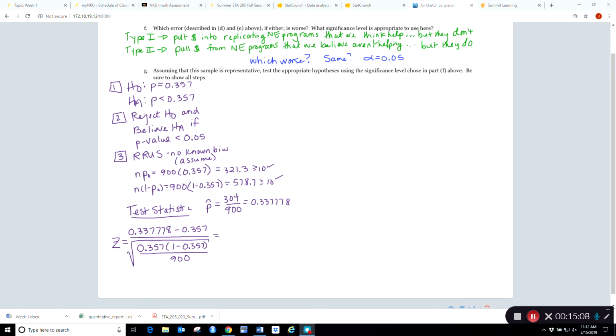Showing a little bit of an in-between step here so that you can double check your math. The numerator should be a negative 0.019222. The square root on the bottom should be 0.015970, which then finally doing the division should give you a z of about negative 1.20.